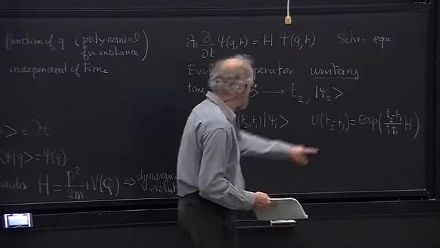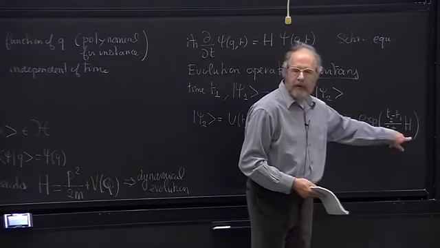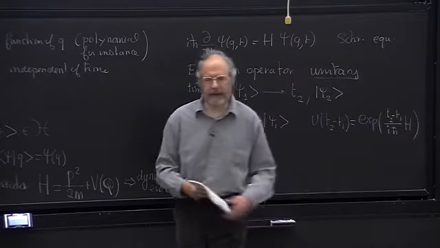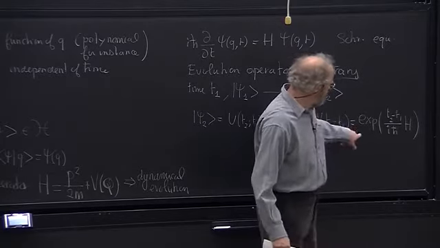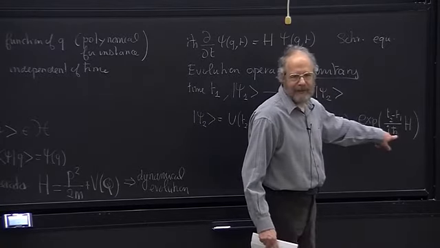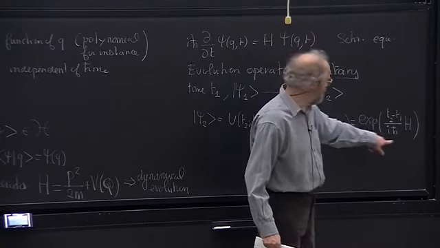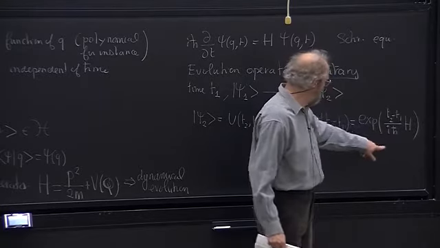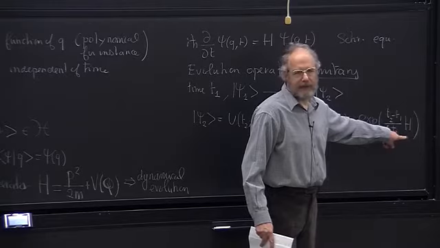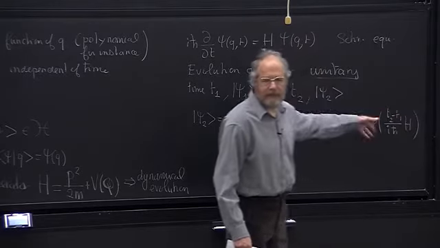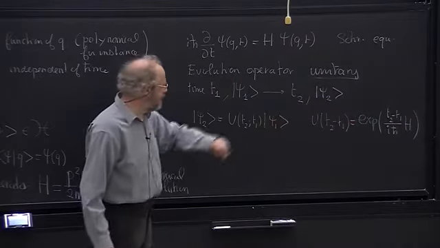And think about the exponential of a Hamiltonian as defined as the series, the infinite series that defines the exponential. This definition would be precise if the Hamiltonian were bounded, but the Hamiltonian is not bounded in general, so this requires a bit of math to make sense out of it.